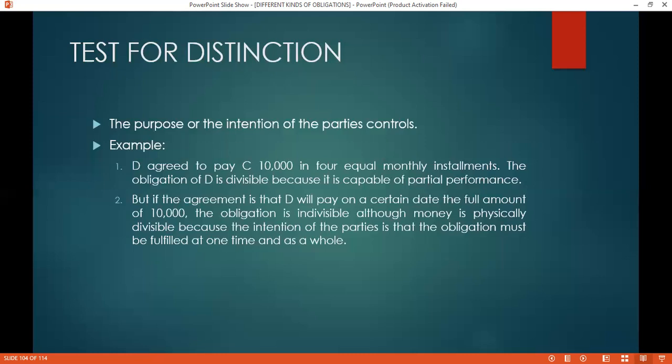Although money is physically divisible, because the intention of the parties is that the obligation must be fulfilled at one time and as a whole. So, meaning to say, if you say divisible or indivisible, the nature of the subject matter or the nature of the prestation, hindi yun magmamatter. Titingnan natin kung ano yung intention ng parties, just like in this case.